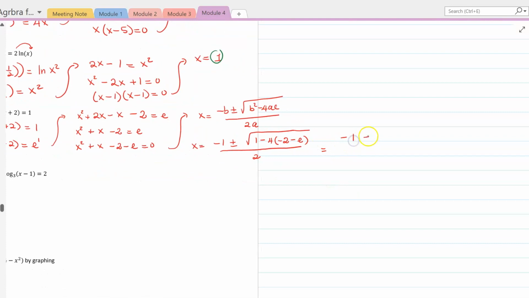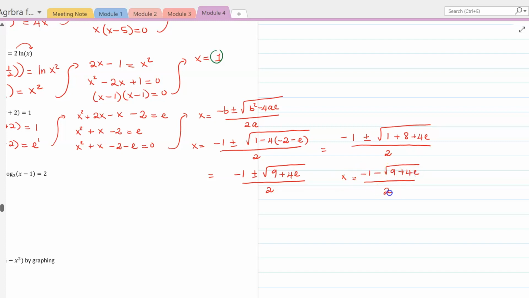So negative 1 plus or minus the square root of 1 plus 8 plus 4e, over 2, equals negative 1 plus or minus the square root of 9 plus 4e, divided by 2.